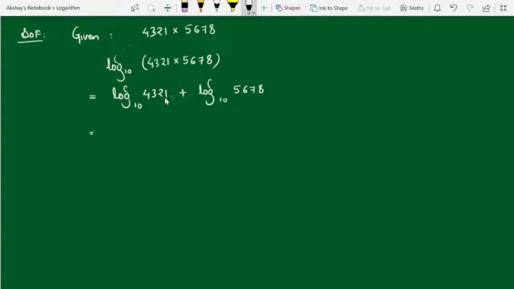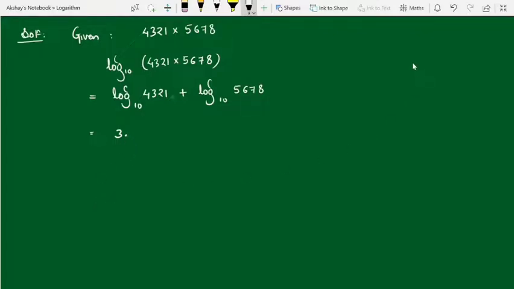What is the procedure? If we have a number which is greater than 1, identify the decimal point, count how many digits are present on the left of the decimal point and decrease the value by 1. It will give you the characteristic. So total 4 digits I have, 4 minus 1, 3. So 3 is the characteristic here. Once after writing 3, you have to put the decimal point.